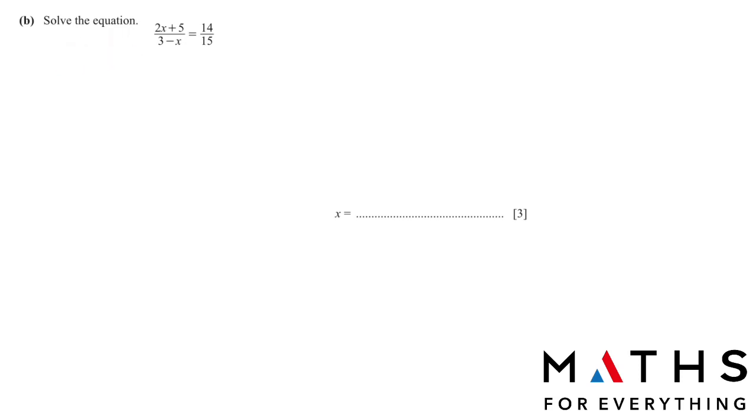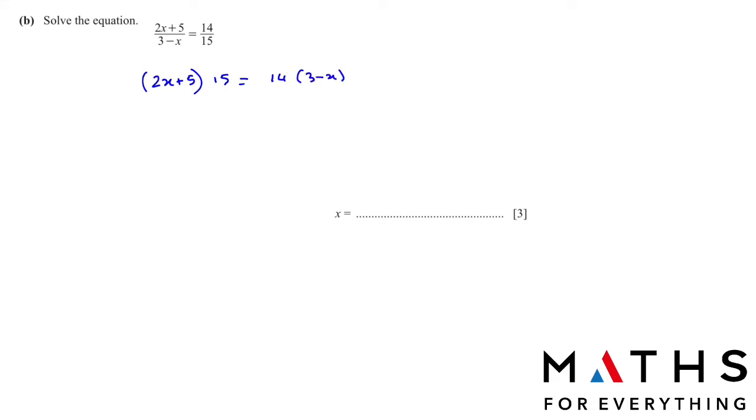Solve the equation. This is an algebraic fraction. Now to solve it, how do you solve fractions when you have them in this form? We cross multiply. So 2x plus 5 multiplied by 15 is equal to 14 multiplied by 3 minus x.